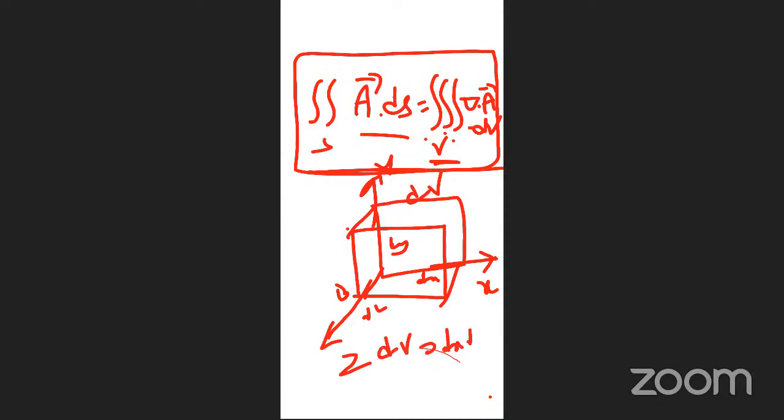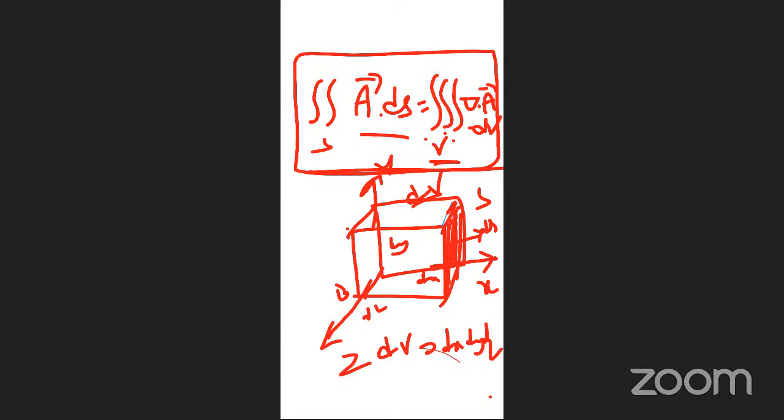Then consider a closed surface S, and a coordinate system inside the closed surface. Let the system be divided into a number of cubical elements of area ds and volume dv.